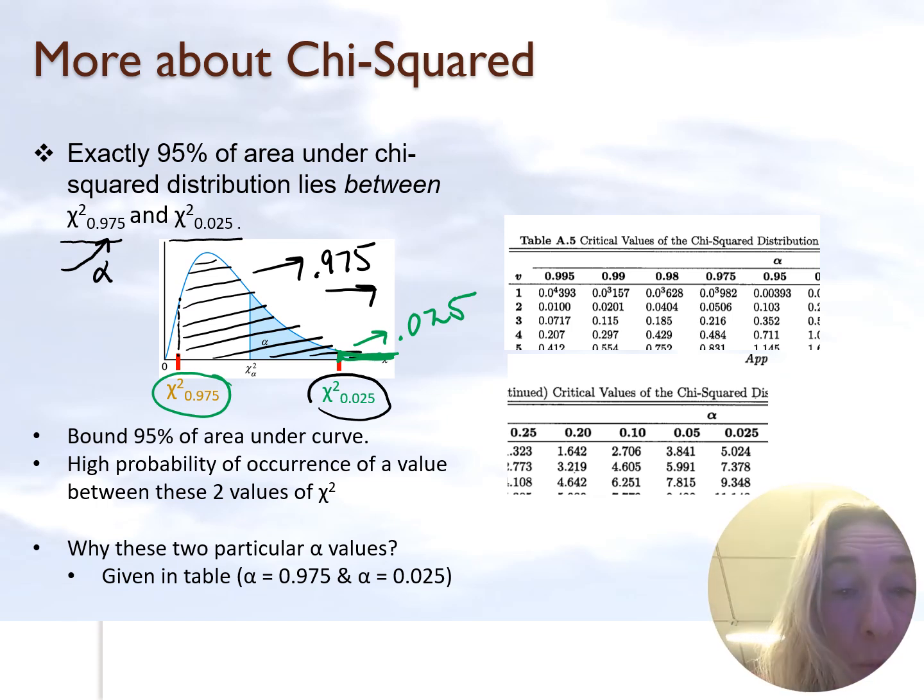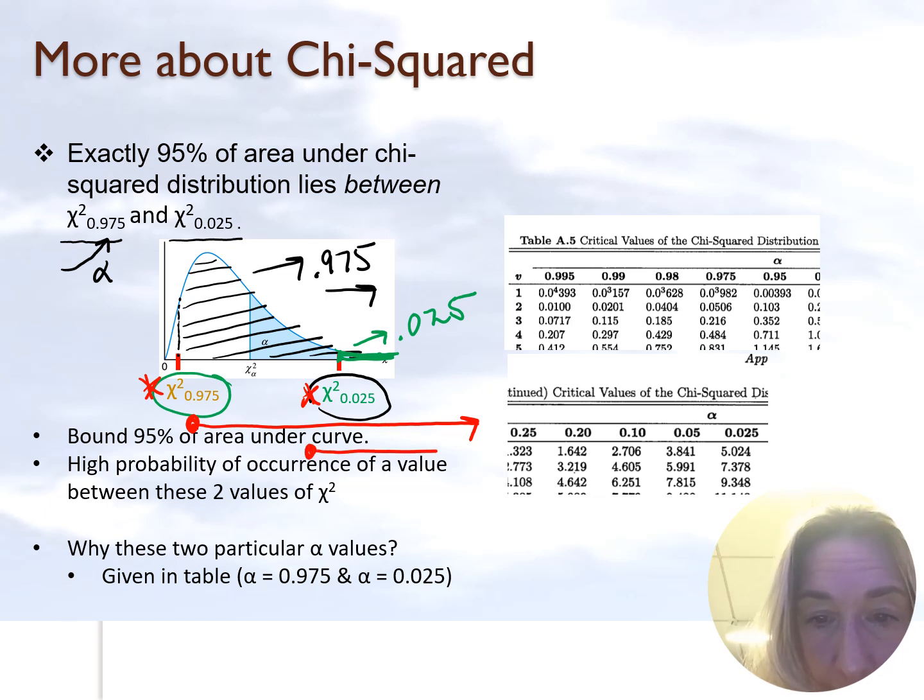And as we've talked about before, if you want to get the area between 2 points, you basically take all the area to the right of the first one, subtract off all the area to the right of the other one, and what you're left with is the area in between.